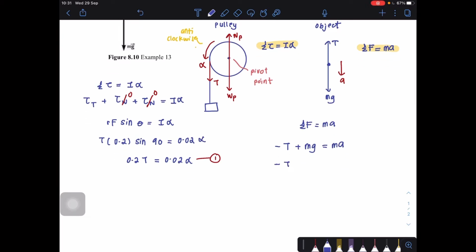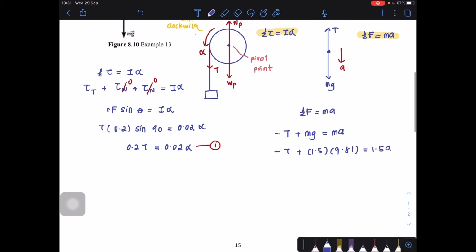T kita tidak tahu. m is the mass of the object, 1.5. g 9.81 equal to 1.5 A. So susun dia, kamu akan dapat negative 1.5 A plus 14.72. So this is the second equation.